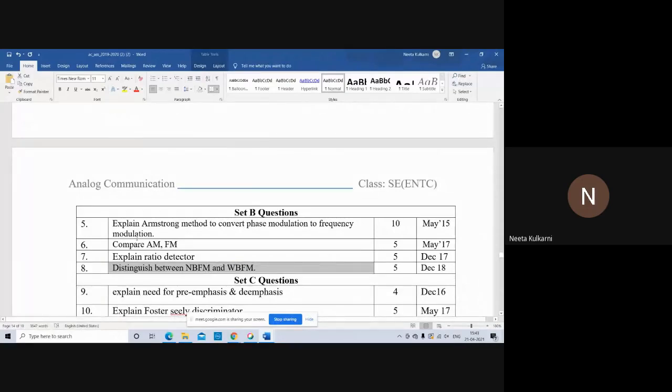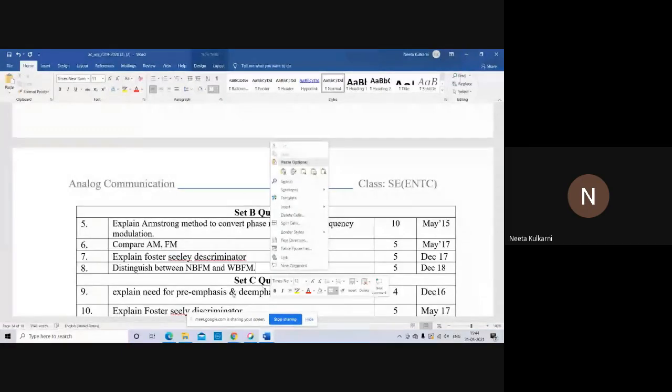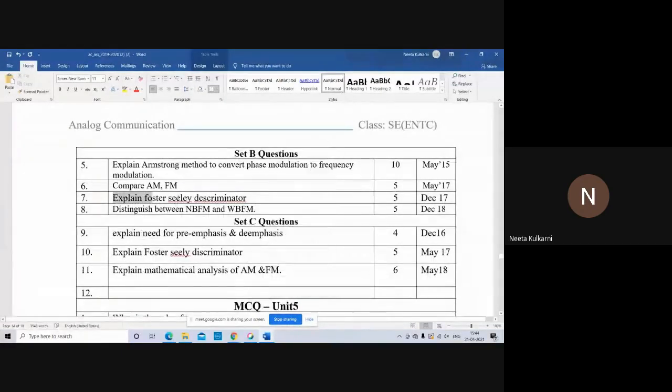And then next is explain the ratio detector, that is actually repeated. Instead of this you can take the Foster-Seeley discriminator. So the Foster-Seeley discriminator you can write instead of the ratio detector again. And one more question, it is not here, I will add it; okay, here it is, sorry, I didn't see it.